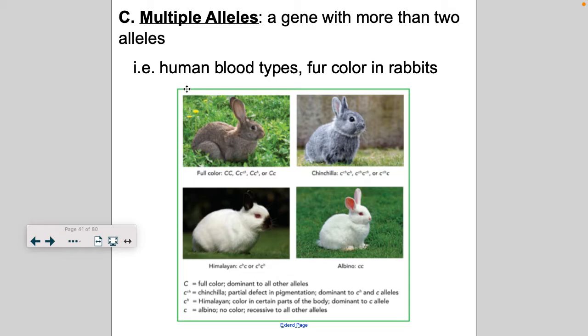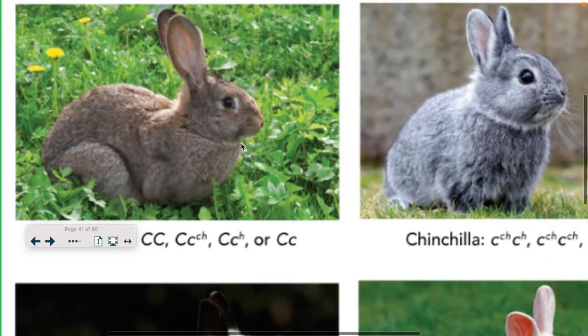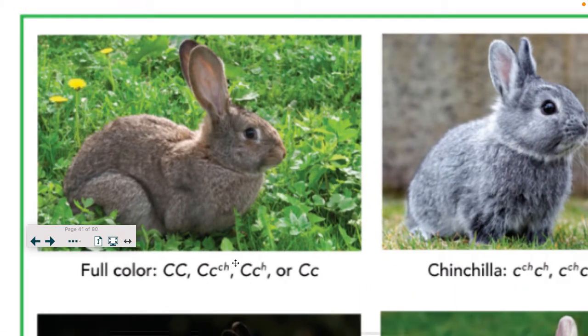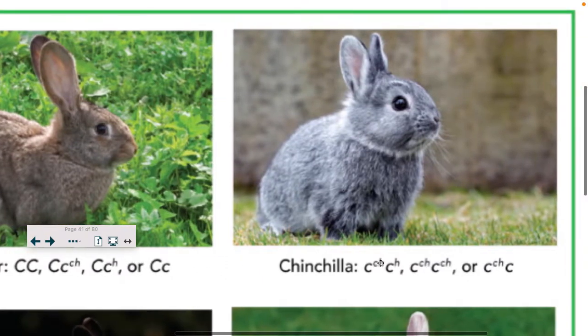Fur color in rabbits as well as chinchillas. You can see here we have 2 capital C's and then a capital C, lowercase c with a ch, and a capital C with the lowercase ch, or big C. So anyways, if you have the big C, you'll show the full color. Let me zoom in on this. Okay, so like the rabbits that you kind of see out in nature, okay, big C. The chinchilla colored, notice that it's carried just on the ch gene.